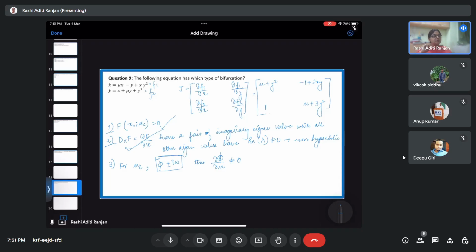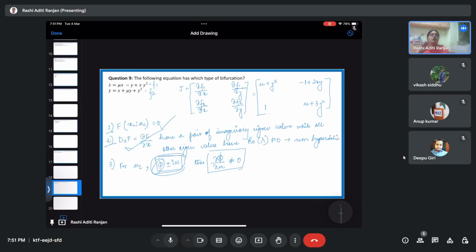Okay, so it is saying that if I have an eigenvalue of this type, phi plus iota omega, and I am concerned only about the real part of my eigenvalue, the partial differentiation of the real part of the eigenvalue with respect to mu, which is my bifurcation parameter, should not be equal to 0.